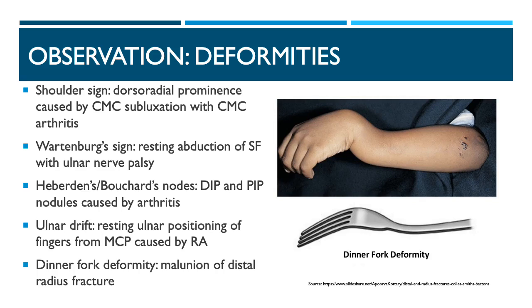That's a malunion of a distal radius fracture. Full disclosure, I've never actually seen that in the clinic, but I wanted to give you these examples of things that before you talk to the patient, before you lay hands on them, before you even look at their chart, you can tell something about what's going on with their hand by these visual clues.